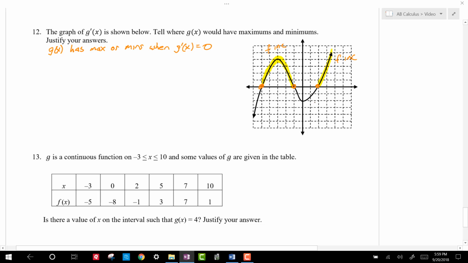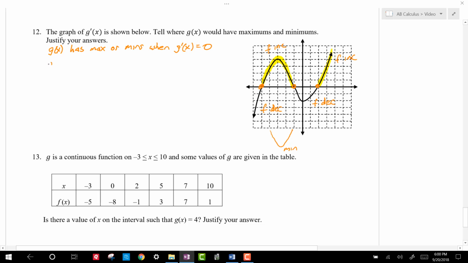That means f is decreasing here, and f is decreasing here. So if I go from decreasing to increasing, that is a min. Decreasing to increasing is a min. And then I've got another decreasing to increasing over here at x equals 2. So let's start with the mins.